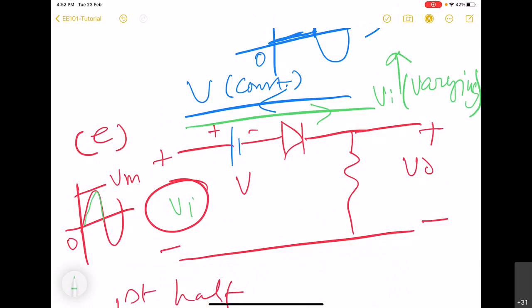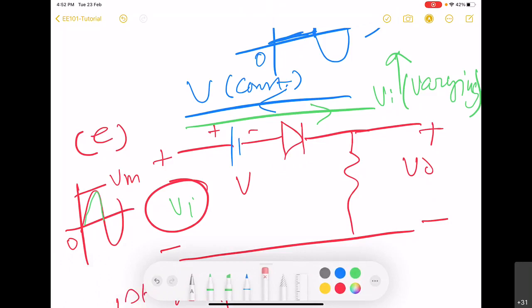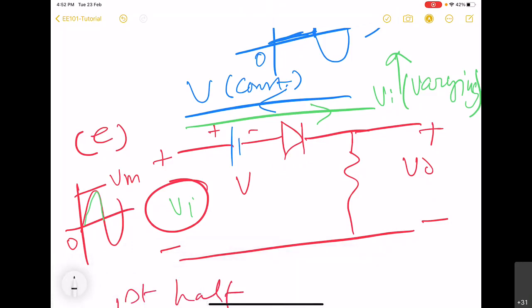So the net voltage that the diode will experience will be decided by the simple addition, the vector sum of these two, right? And only when the net is in this direction, the diode will turn on, right? So here we can see that V is constant, but Vi is increasing.